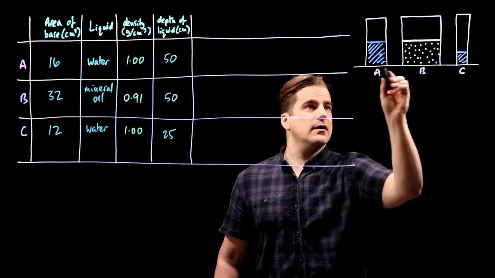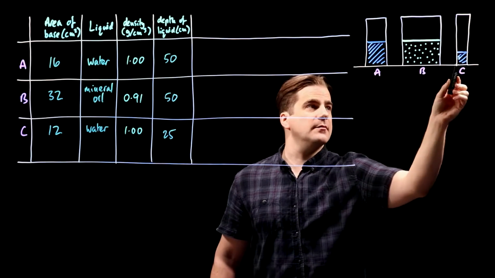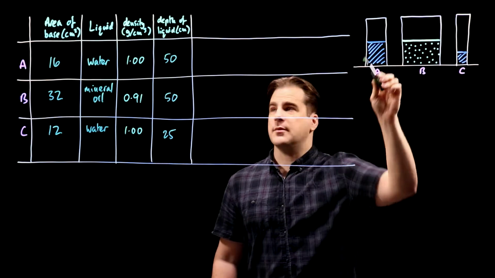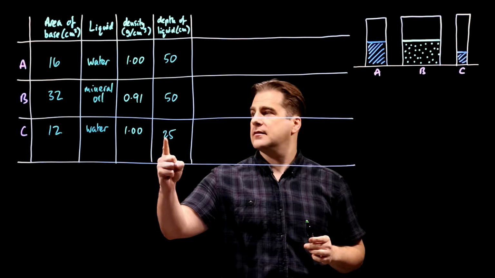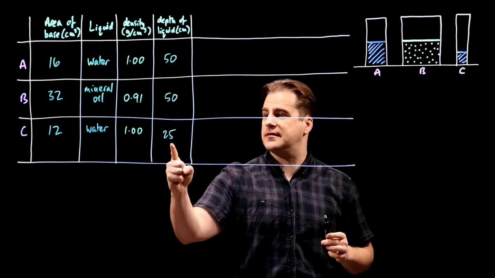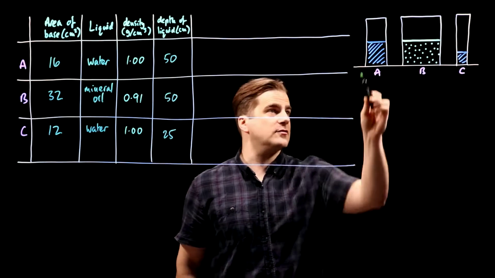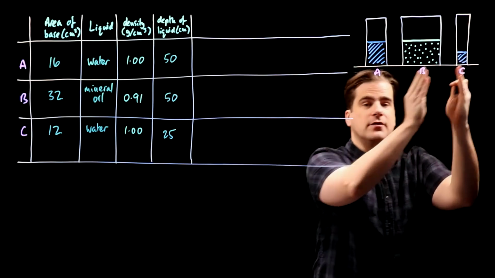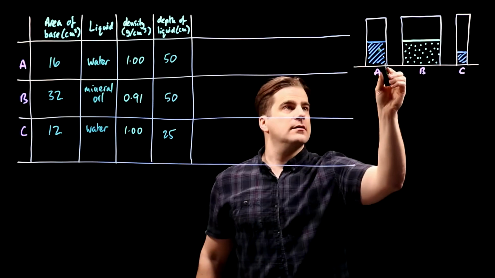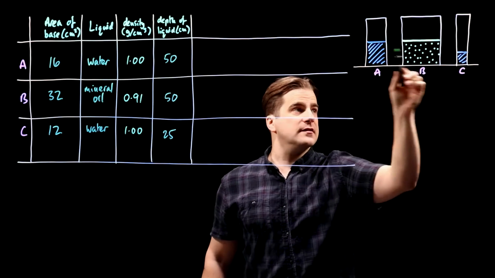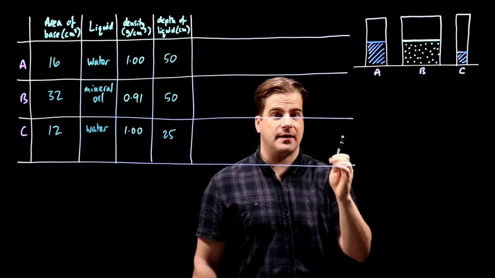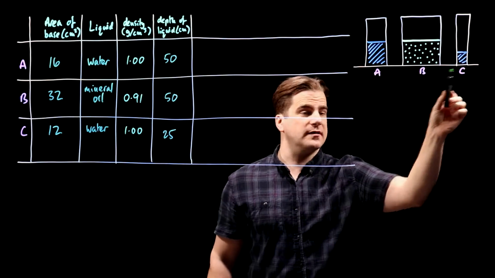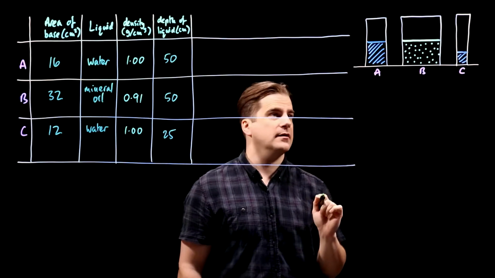They both contain the same liquid. It's both water. And we know that A is twice the depth of C, 50 centimeters to 25. So it doesn't matter about the width of the container. The depth of this is twice the depth of that, and they have the same density. Therefore, the pressure at the bottom of A would be twice the pressure of C.